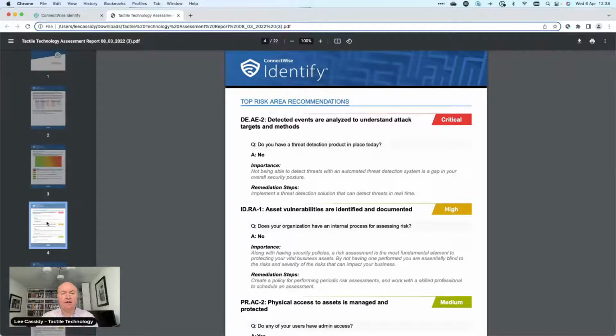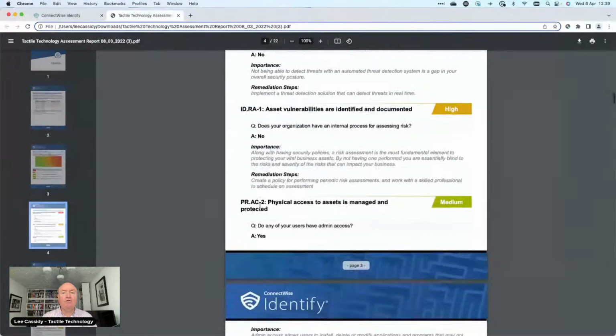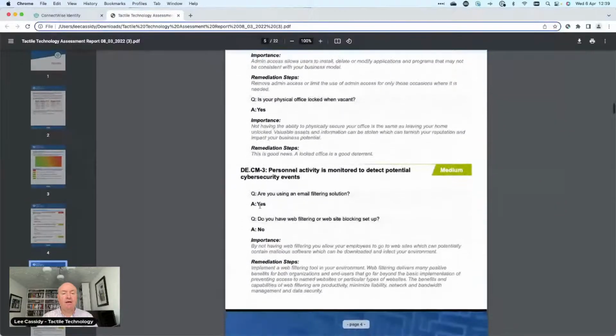The answer is no. You're not able to detect threats. An automated threat detection system is a gap in your overall security measures and posture. So we'll look at implementing a threat detection solution that can deal with this. That is going to be a critical thing. And it goes through each one of those items.